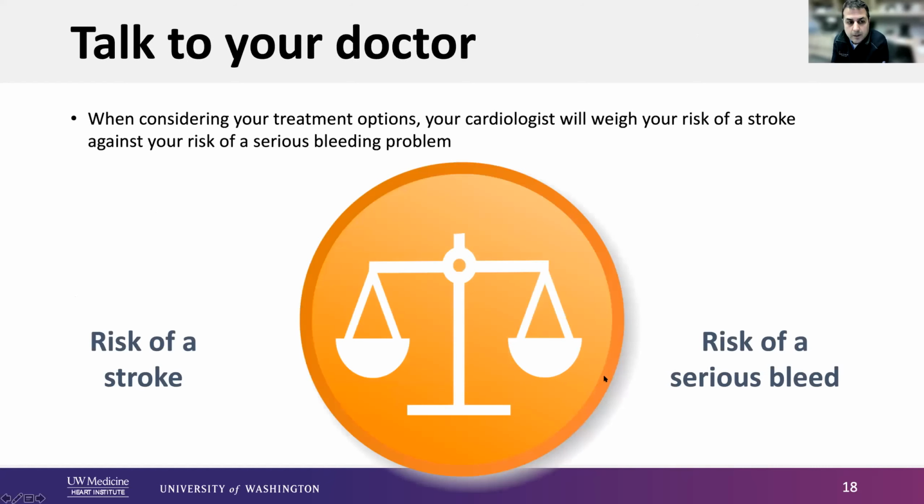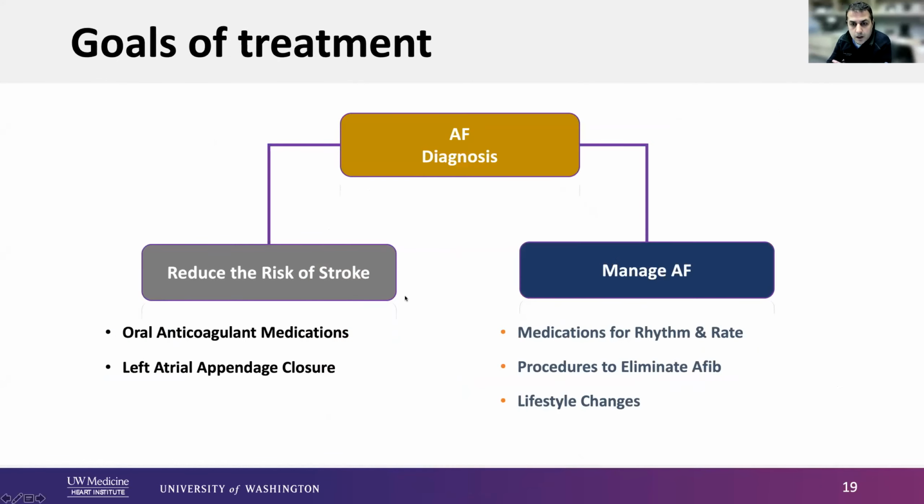So when you're thinking about prescribing a blood thinner to an AFib patient, we are always trying to balance the risk of stroke and its prevention against the risk of bleeding, and going with either a blood thinner or thinking about alternatives like those devices that I showed you.